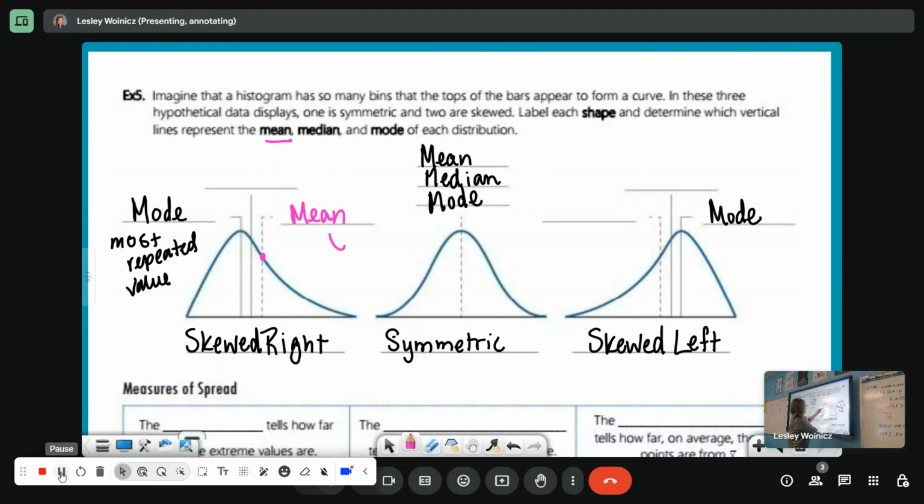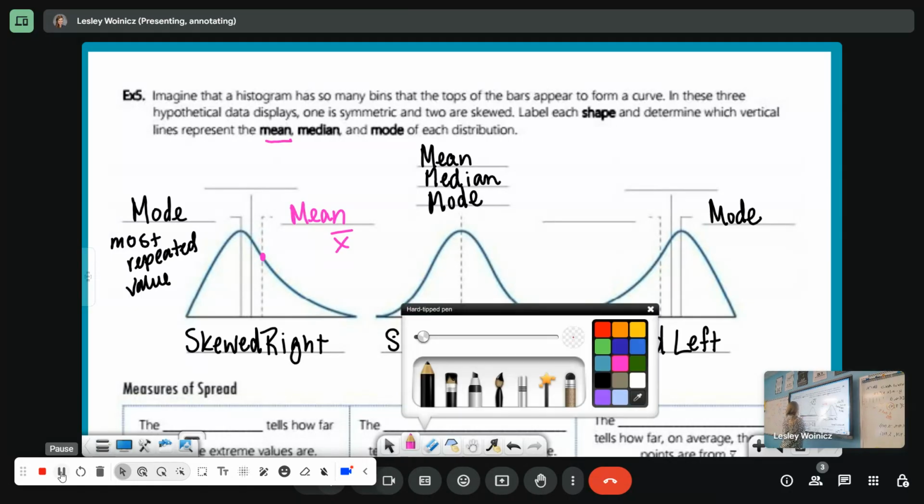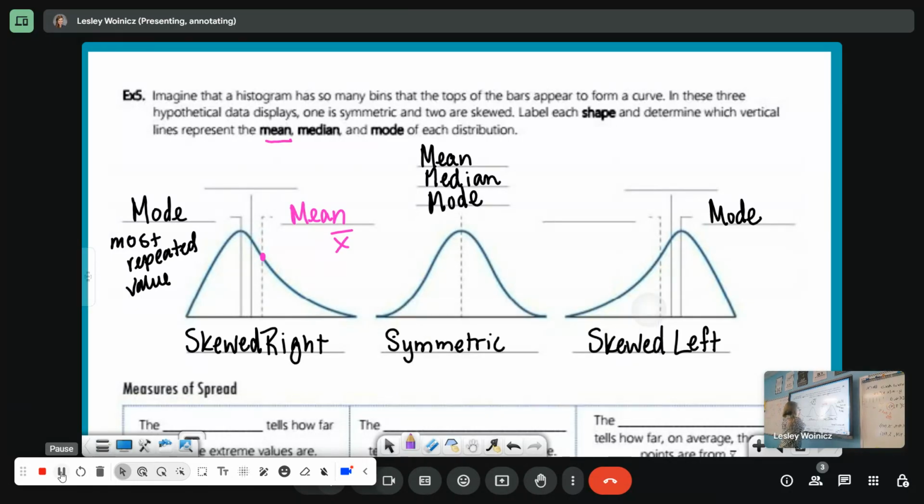This is X bar. Last but not least, this one is our median, our middle value.